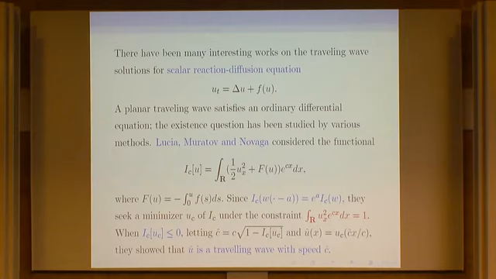Here, you can immediately find that when you want to find the minimizer, even assuming you know C, if you pick a function W and take a translation of W, this is an autonomous equation. Therefore, if you have a solution and you take a translation, it's also a solution, right?